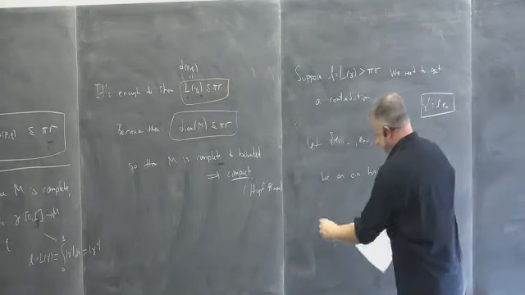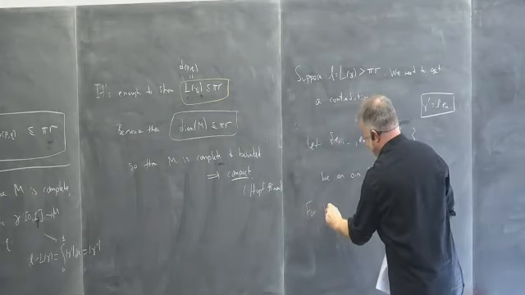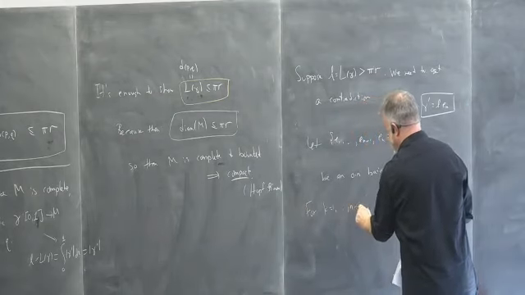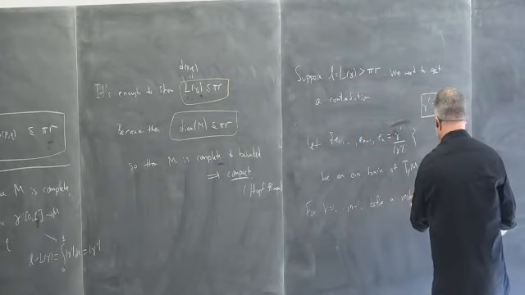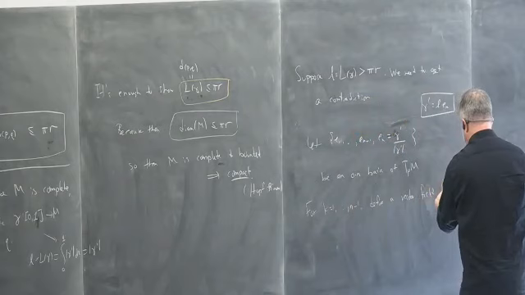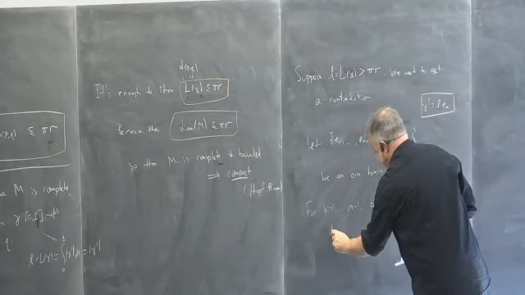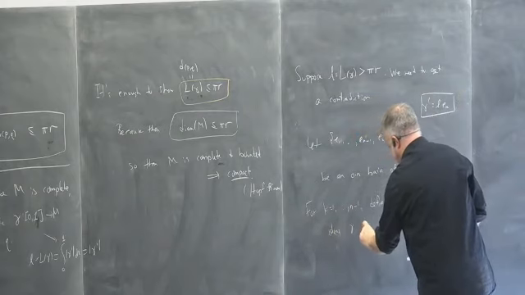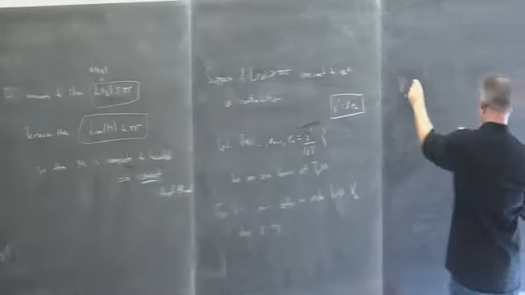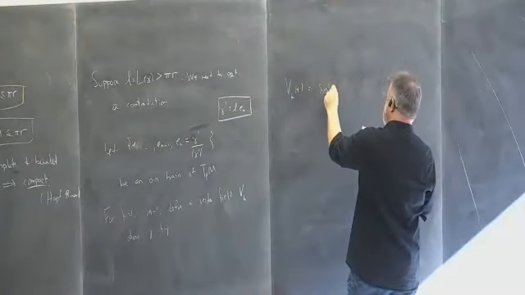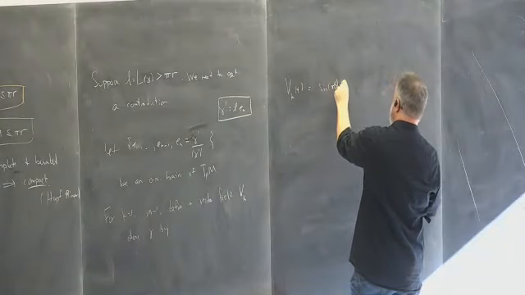Okay, so for k equals 1 up to n minus 1, define a vector field Vk along gamma by the following expression. Vk of t is sine of pi t times Ek of t.